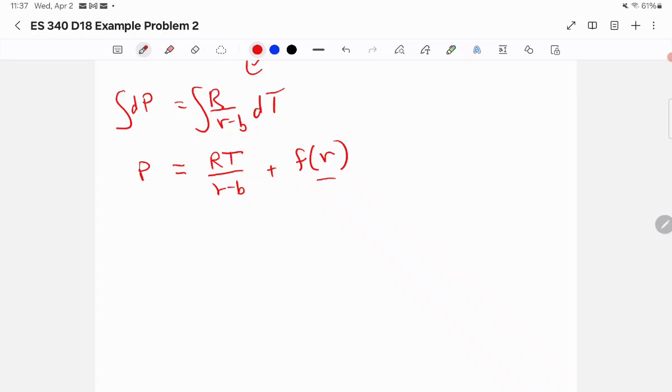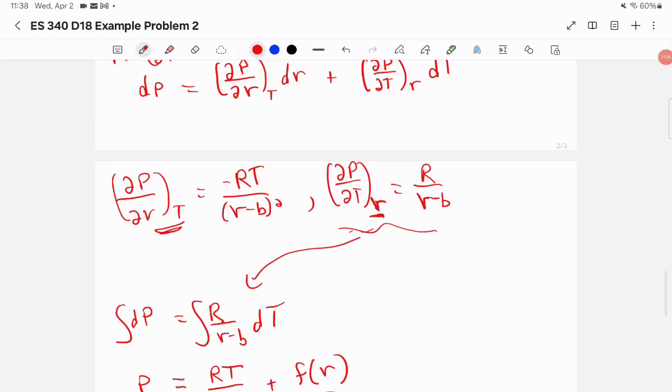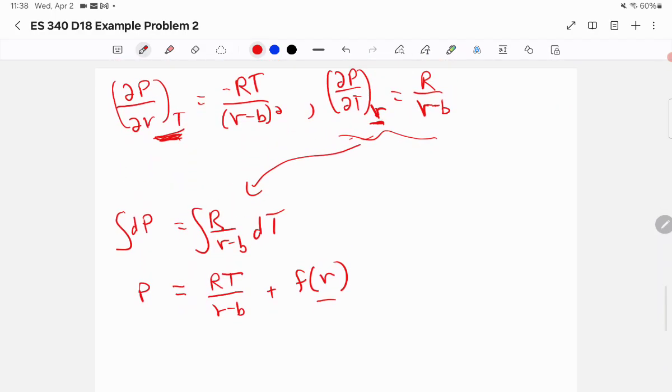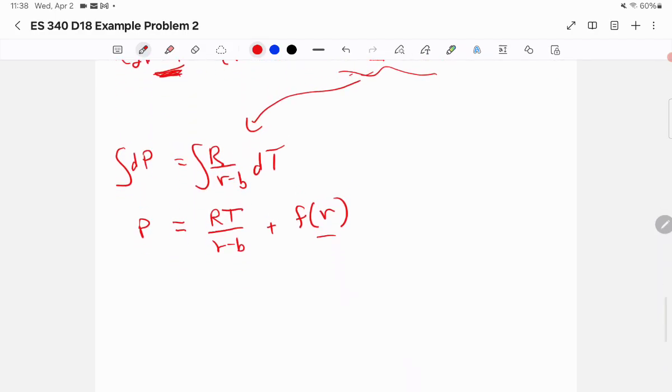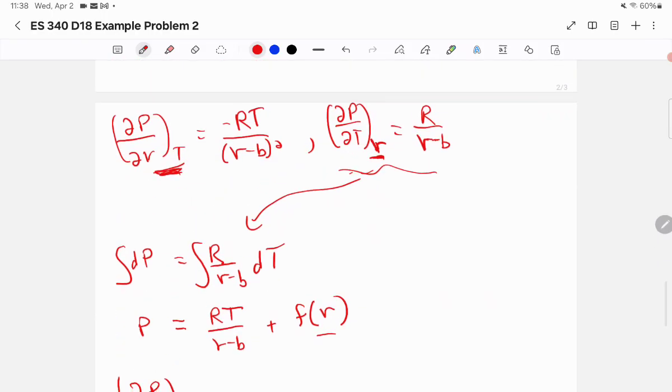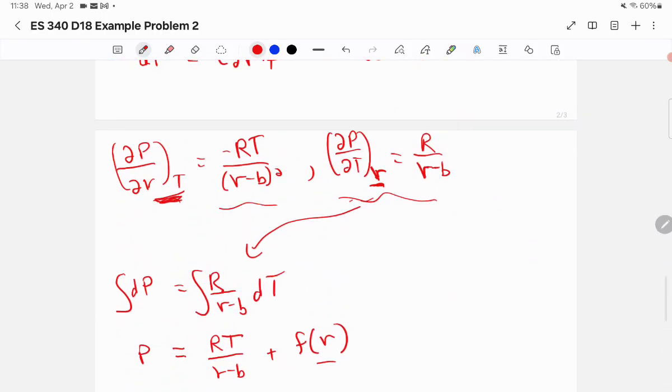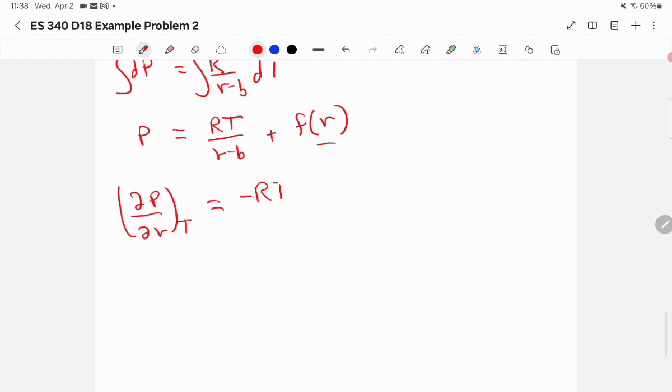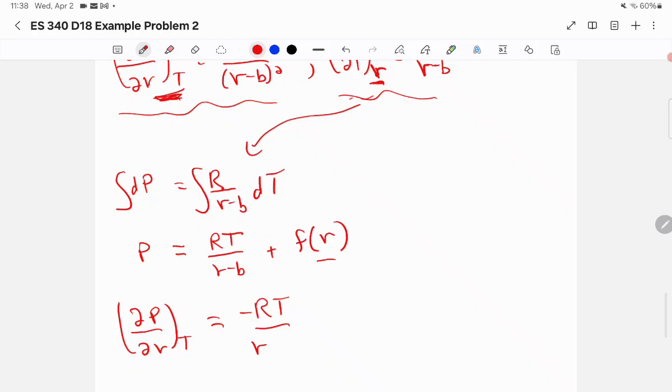So when I insert this into the second equation, because I actually do want to get this in terms of T, now I'm going to go to the other side. dP with respect to V, holding T constant, must be equal to, because that's what this equation says, RT over V minus b squared.